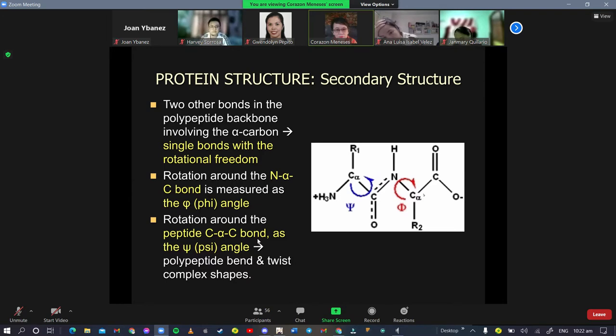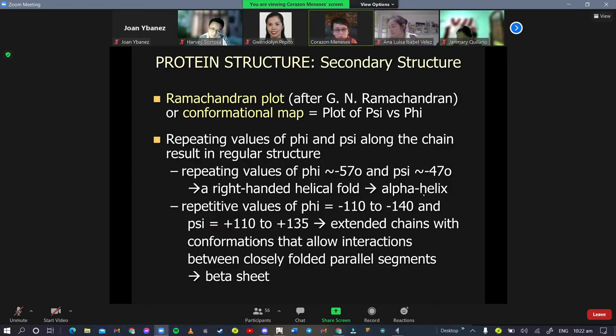The phi angle and the psi angle, so they can twist. So much so that this famous biochemist known as Ramachandran was able to come up with what is known as the conformational map. So he will be able to plot the psi and phi angles. By doing so, there will be repeating values that are common to either the psi or the phi.